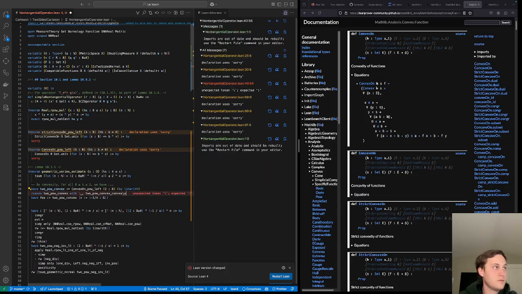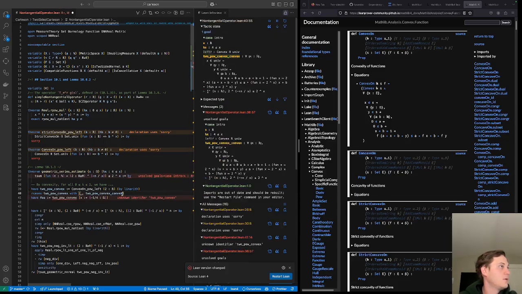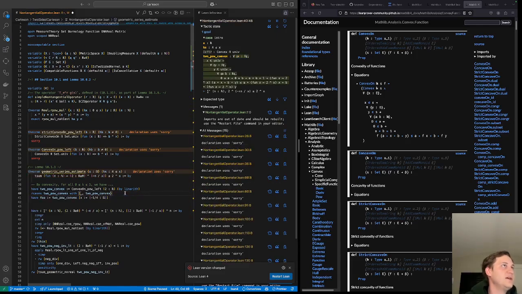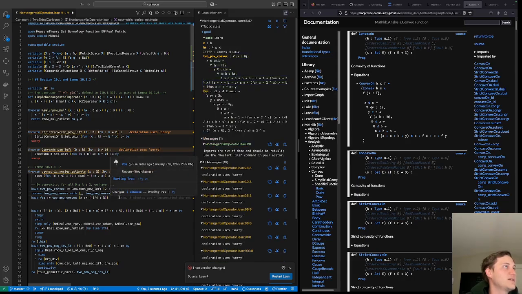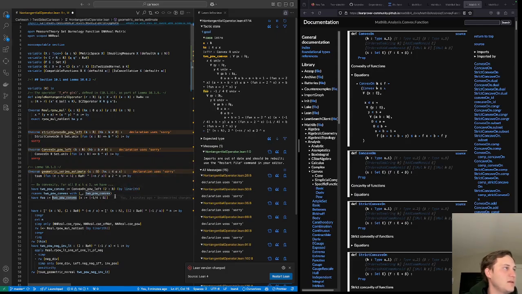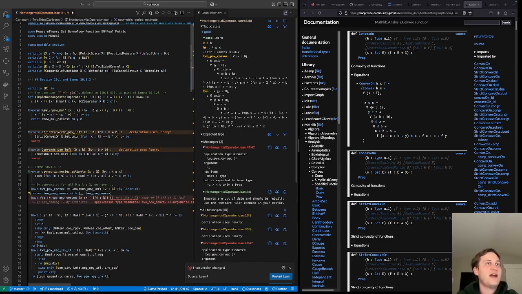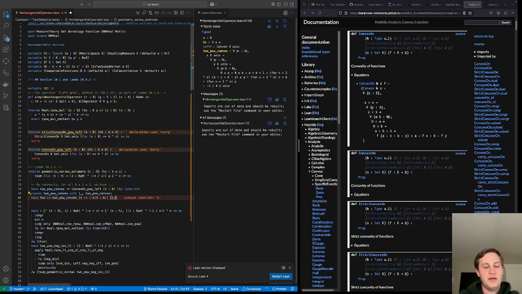Convex. Okay, so that gives me this. x is equal to this. The fact that it is a member of the set is by simp.